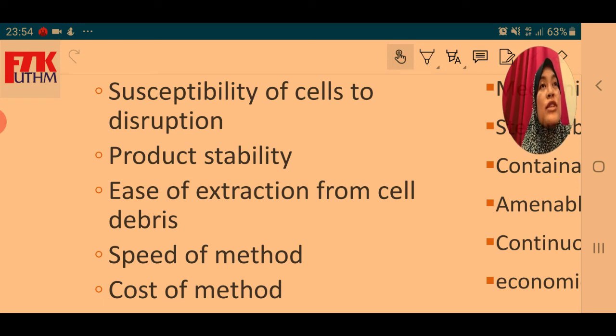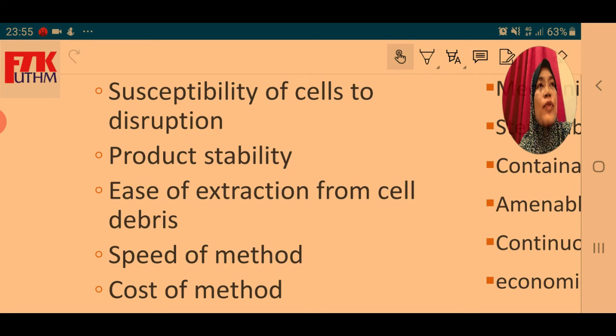So you need to understand the differences between gram-negative bacteria, gram-positive bacteria, yeast cell, plant cell, and animal cell in order to choose the most suitable method to disrupt the cells. You also need to know the product stability, whether they can withstand heat generated when we disrupt the cells, and whether they are thermostable.